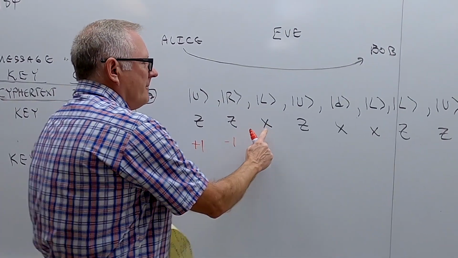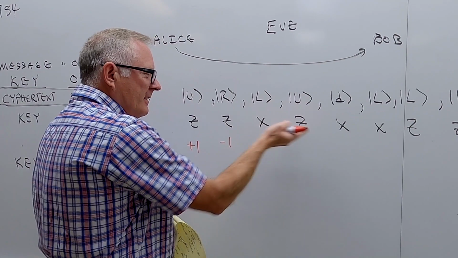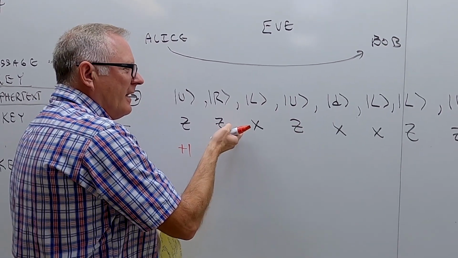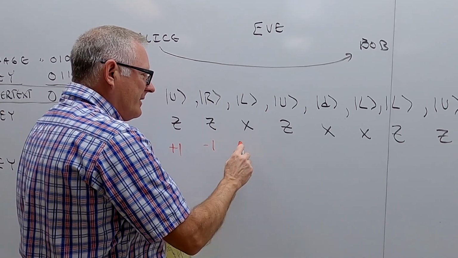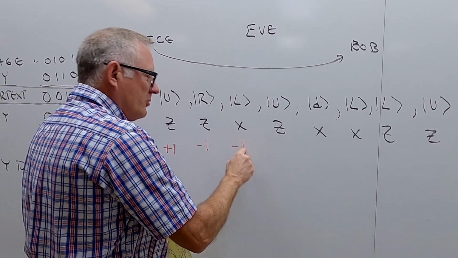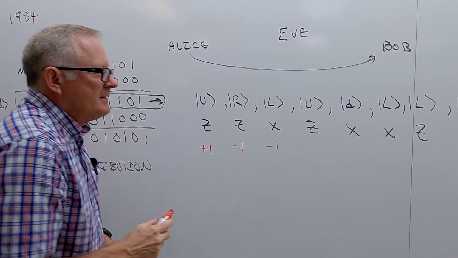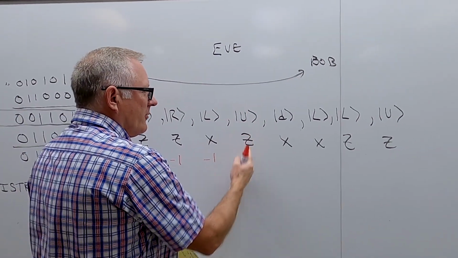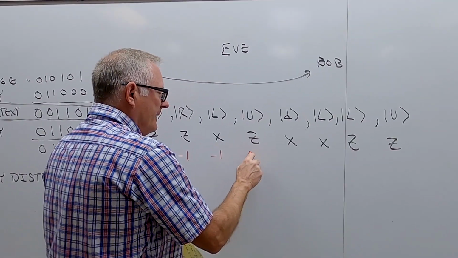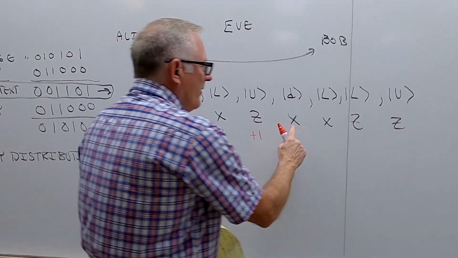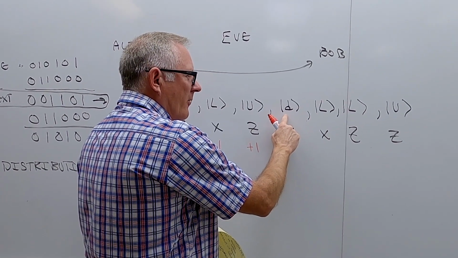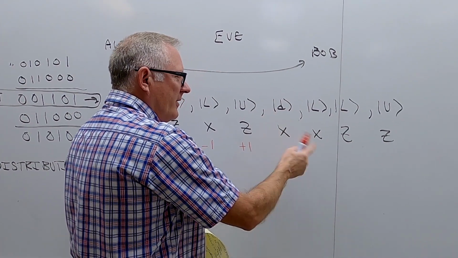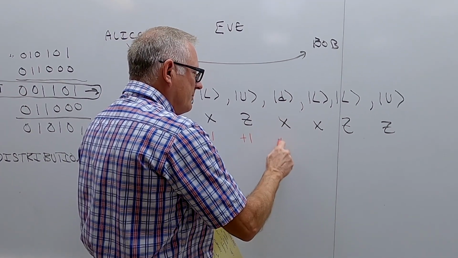Over here, since he's got his sensor hooked up this way, if he measured a right, it would have been 1. Since he measured a left, this one would automatically be -1. Since this is in the Z direction, he would get a +1 here. Over here, X, this is measuring right and left, but he put in a down here, so this would be a 50-50 shot. I don't know, let's just say it's +1.